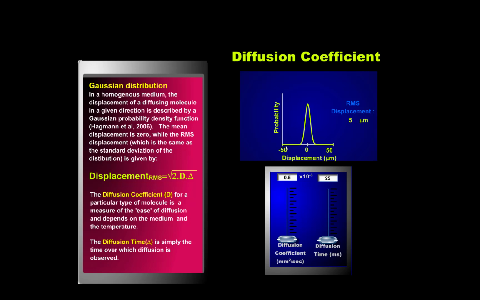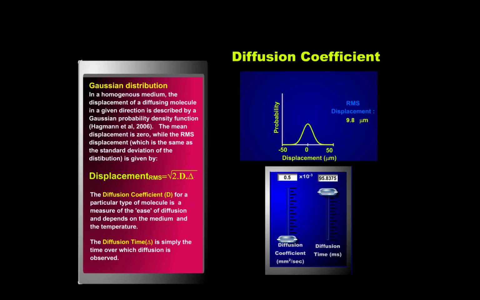Well, first of all, the longer that you observe the diffusion for, well, then obviously the further the molecules are going to diffuse. So if we have a longer diffusion time or observation time, then we're going to get a broader distribution. So if our diffusion time goes up, our Gaussian curve is going to flatten out.